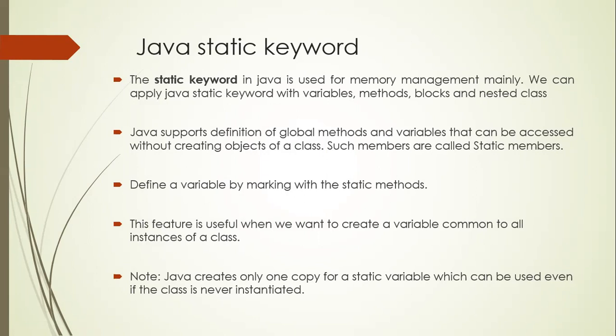A class is instantiated when you create an object for it. With the static keyword, you don't need to create any object. Without creating the object, you can access the data members as well as member functions of a class. That is the main purpose.